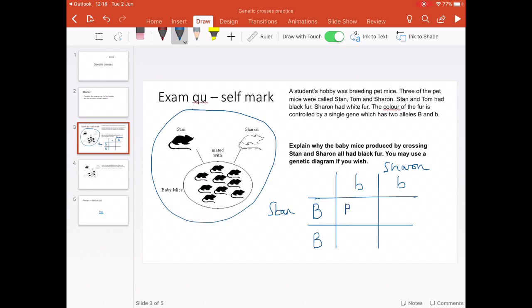And I can do my cross, which we talked about on a previous video. And I can see that they're actually all heterozygote babies. But that's okay, because they're still black because they've got that dominant.